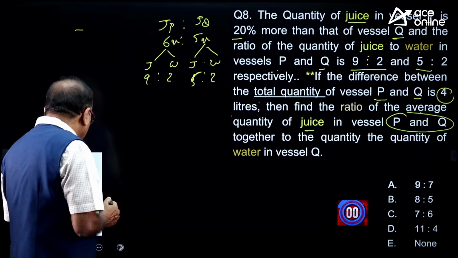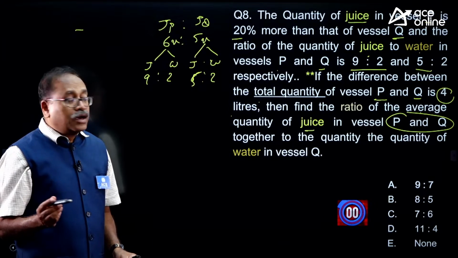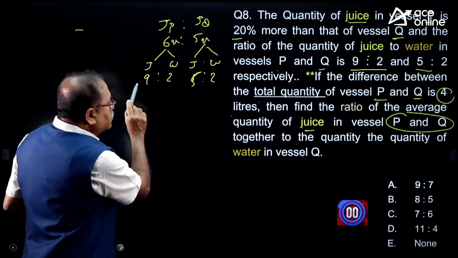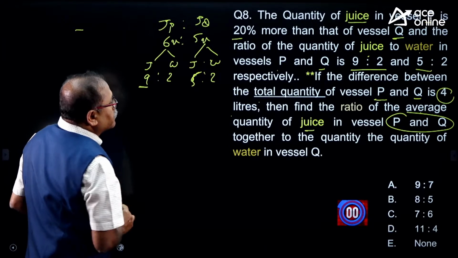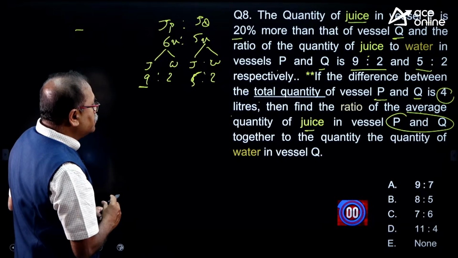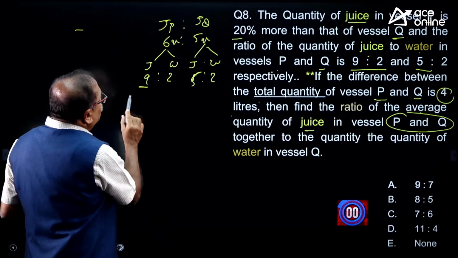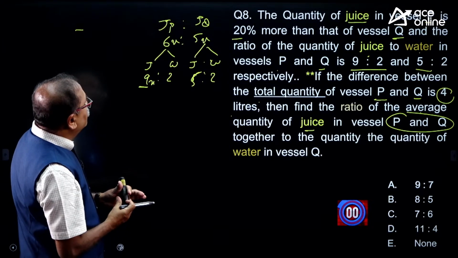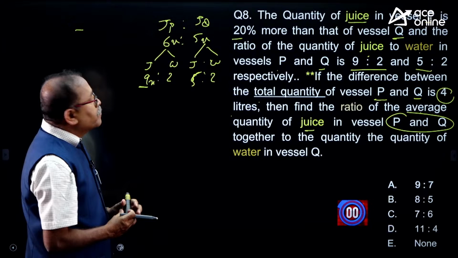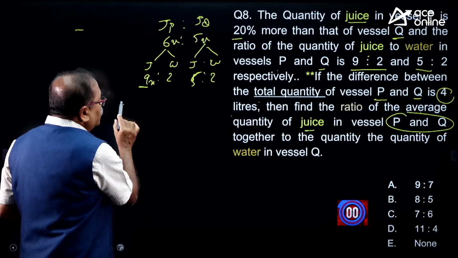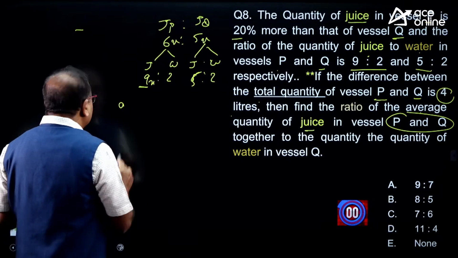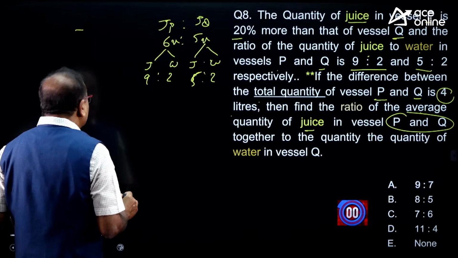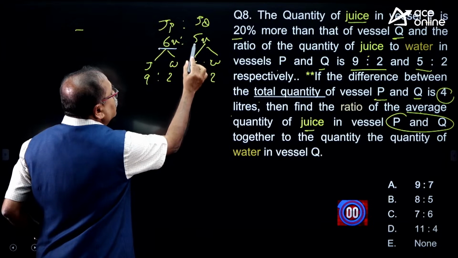Okay. I'll work out to a certain extent, then I'll answer this question. I can consider this way also. No need of taking this 9x. I can consider this 6x is already taken out.